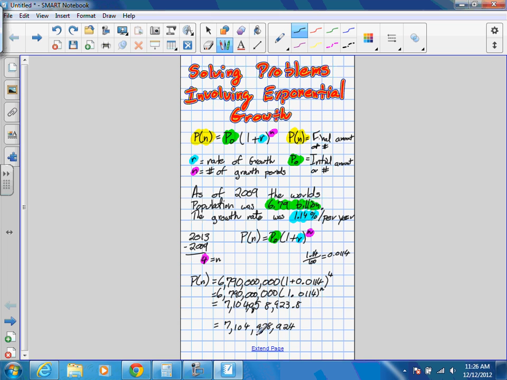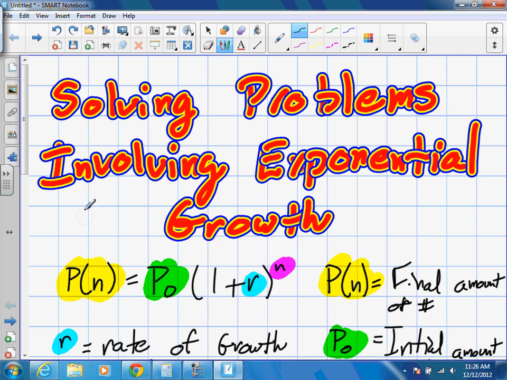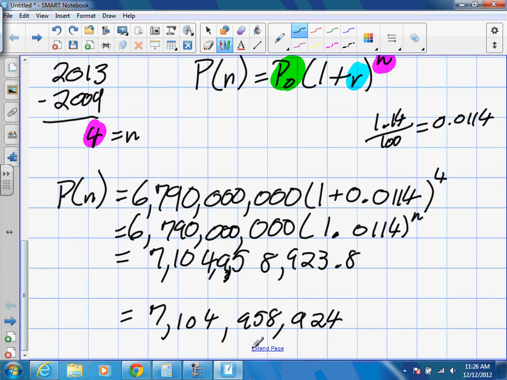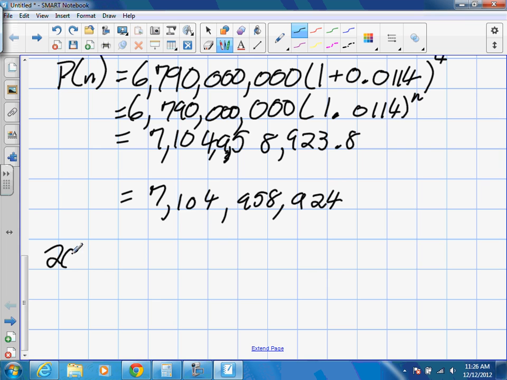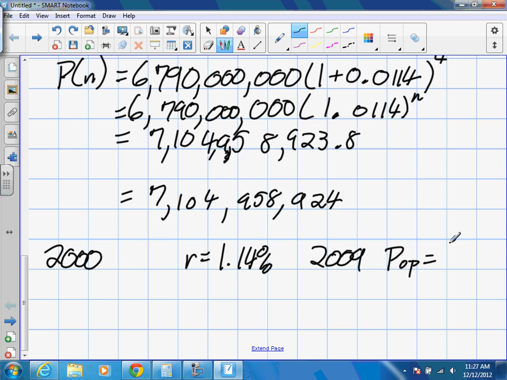Now, the next thing I would like us to do is estimate the world's population in the past. We're going to look for the world's population in the year 2000. Obviously we can look it up, but we're going to try to reverse this formula, assuming the growth rate was still 1.14%. In 2009, our population was 6.79 billion.